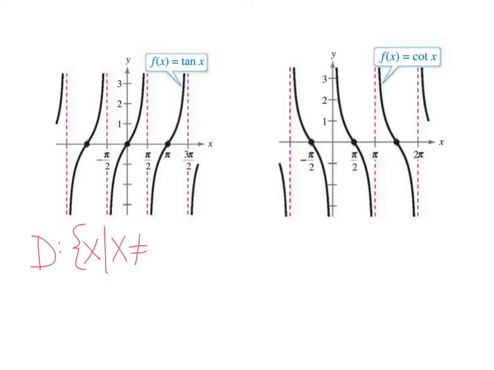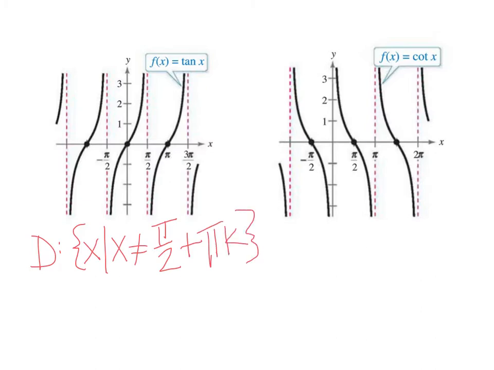Now where do our asymptotes land on tangent? Well, the first one is at pi over 2, so that's what I'm going to write. First positive one is at pi over 2, plus, how often do they occur? Distance between till the next one is a distance of pi, so I'm going to list that as pi k.